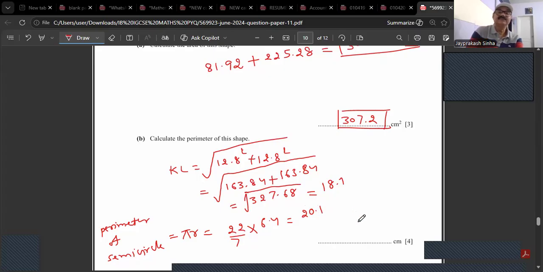Okay. Now we have to find the perimeter of the whole shape. We'll add all: 18.1 plus 12.8 plus 20.1.